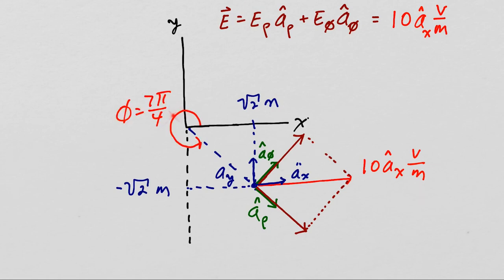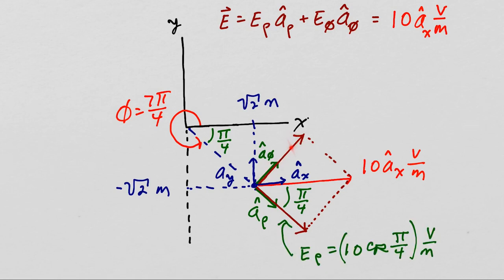Since phi is 7 pi over 4 radians, this angle here is pi over 4 radians, which means this angle and this angle will be pi over 4 radians. Looking at this right triangle, this side, which will be the rho component, will be the hypotenuse 10 volts per meter times the cosine of pi over 4.